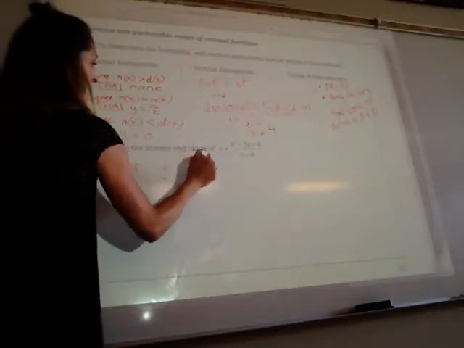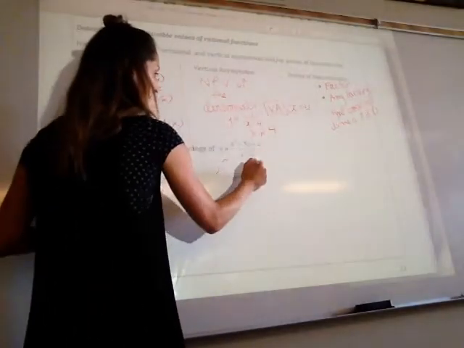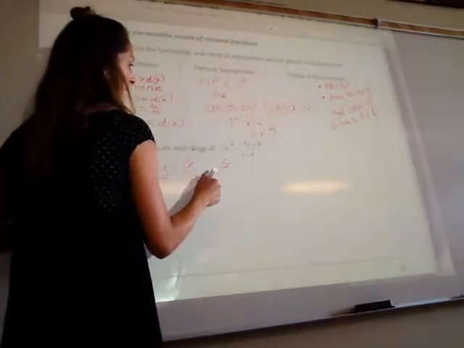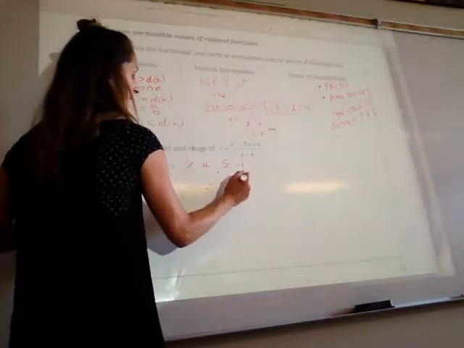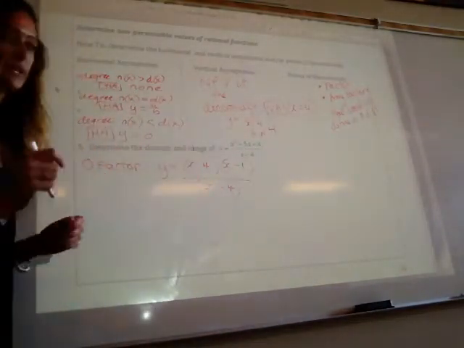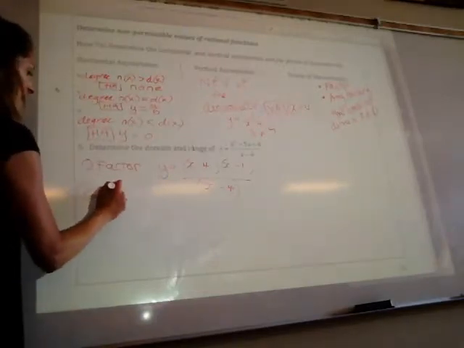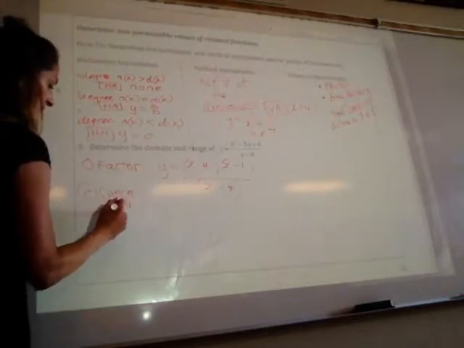So we have y equals x squared minus 5x plus 4. Two numbers that multiply to 4 but add to negative 5. Okay, would be negative 4 and negative 1. As you can see, we have two common factors in the numerator and denominator. So step 2 would be to cancel out common factors.